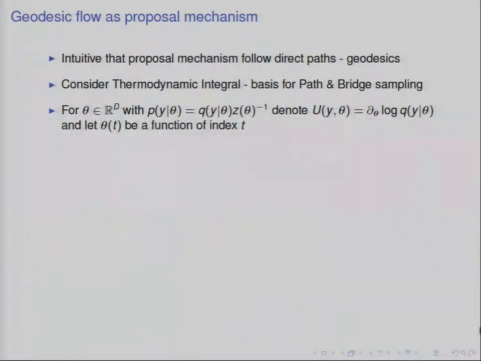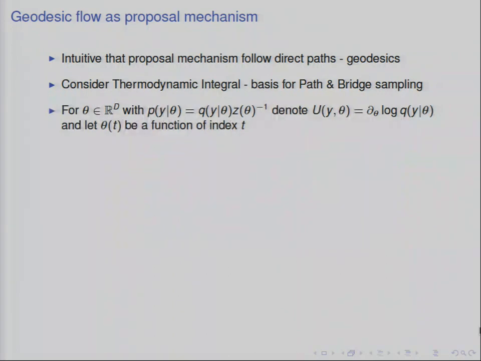Well, it turns out that there is a functional relationship between the Monte Carlo error and the path that is followed. Okay, so that's what we're going to do. We're going to now look at the Monte Carlo error that's induced by following a path from the prior to the posterior and obtaining an estimate of the marginal likelihood.